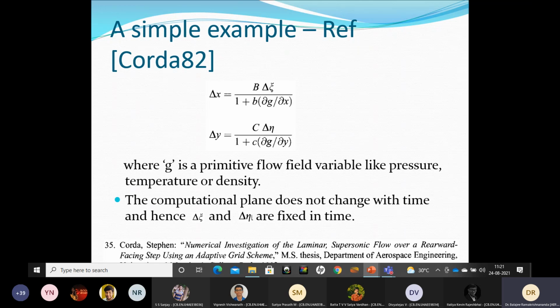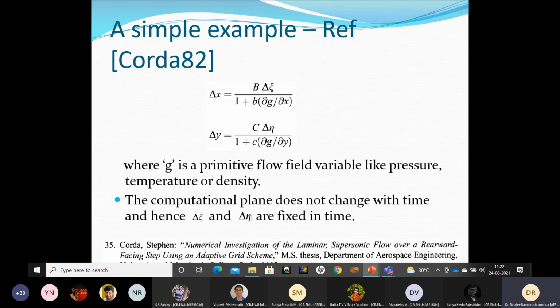Let's say small g is a flow field variable like pressure, temperature, or density, based on which you are adapting the grid. Let's say I want my grid to be sensitive to changes in pressure. In regions of high curvature, the pressure change will be high. In regions of shocks, there will be high pressure changes.